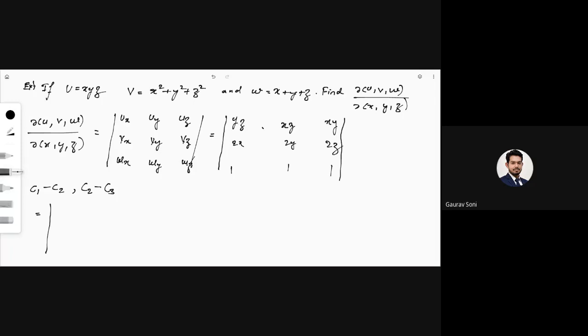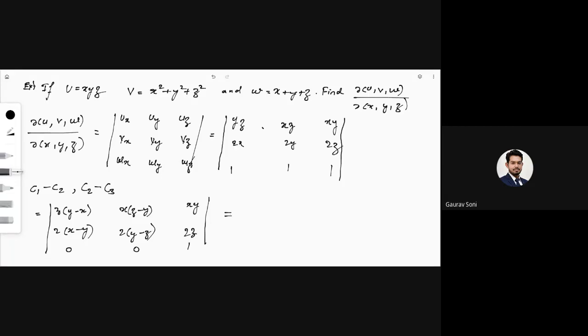So yz minus xz, z common, y minus x. 2 common, x minus y. 1 minus 1, this term will become 0. xz minus xy, so x common, z minus y. 2 common, y minus z. 1 minus 1, 0. The third one as it is, xy, 2z, 1.